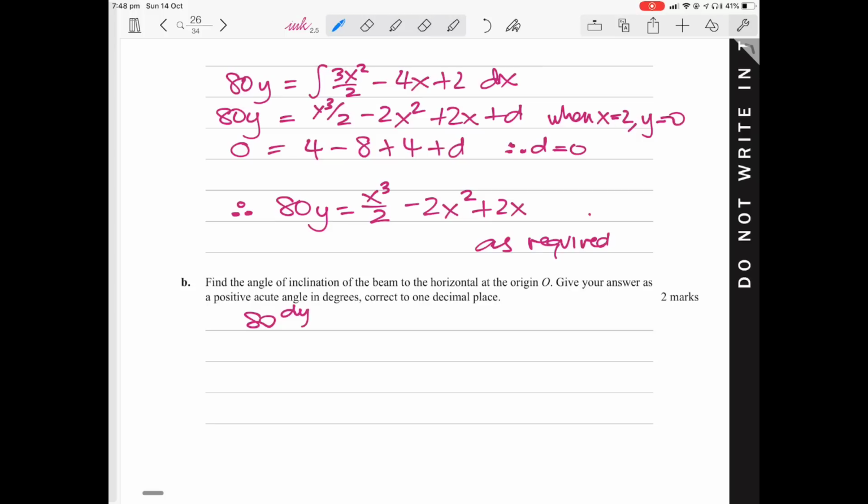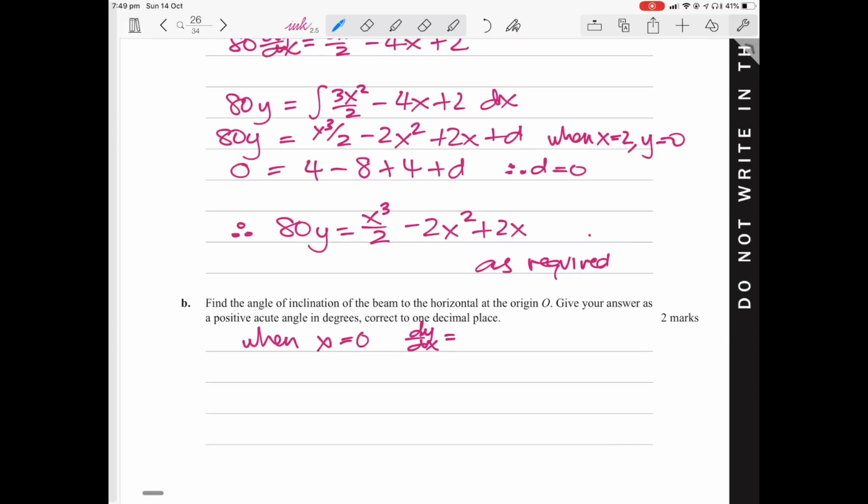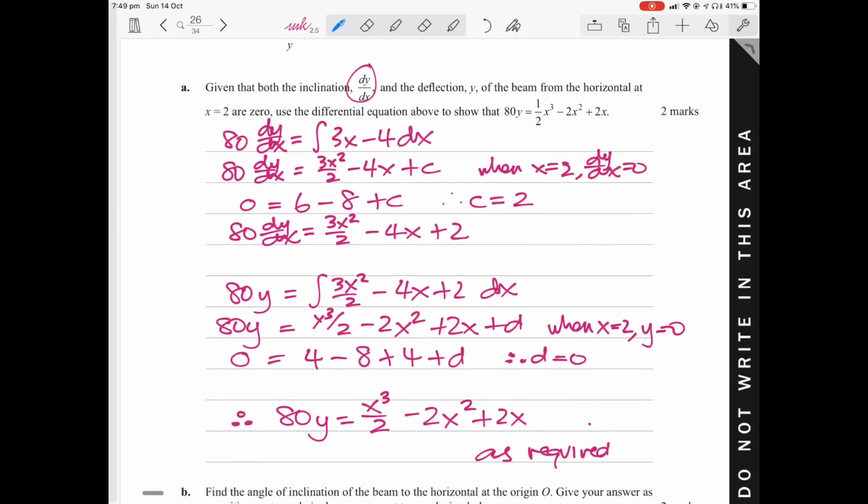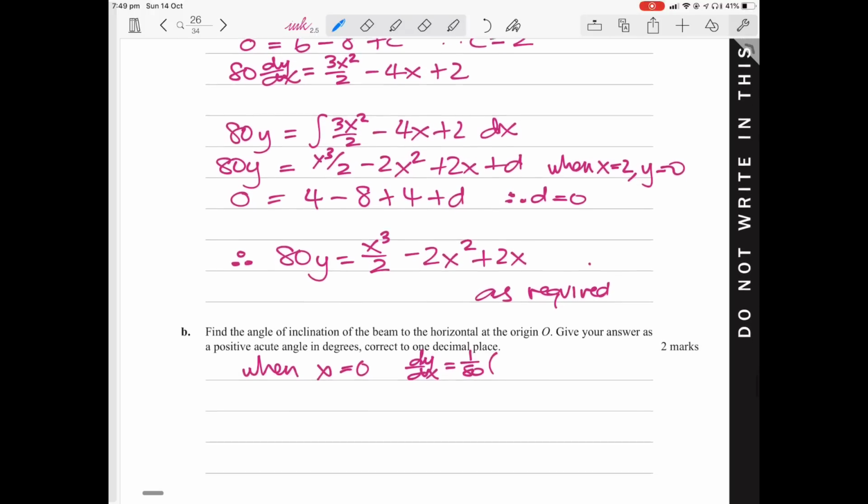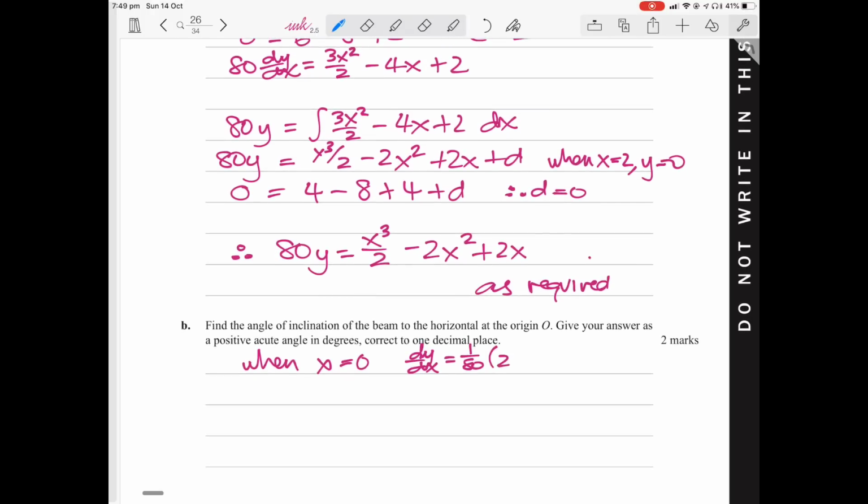So EI dy dx, when x equals 0, dy dx equals 1 on EI times 0 minus 0 plus 2, which is 1 on 40.